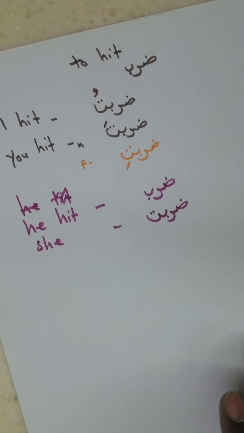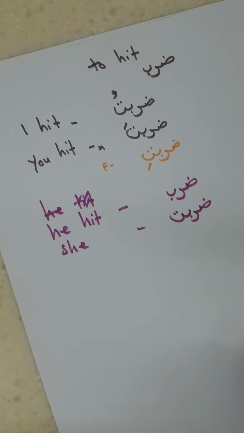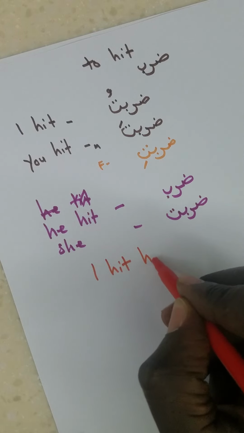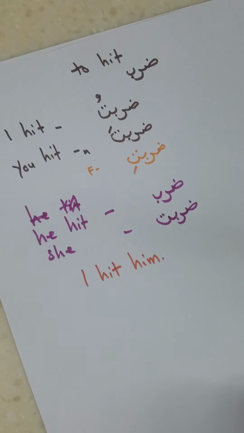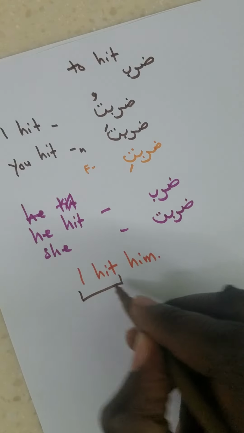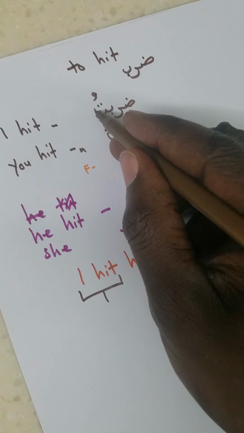So when you look at this, then someone tells you, I hit him. Then things get complicated. Of course, you first get I hit, which is darabtu, this one.